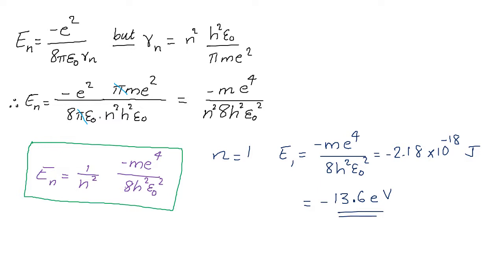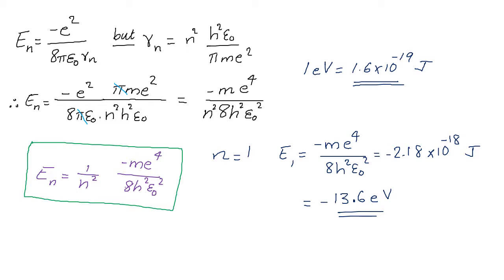Hope you remember the conversion. 1 eV is nothing but the energy required to take one electron across a potential difference of 1 volt. That is 1.6 into 10 raised to negative 19 joule. This is 1 eV. Correct? So if you divide this by 1.6 into 10 raised to negative 19, you will get 13.6 eV.